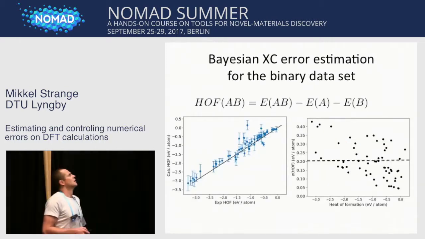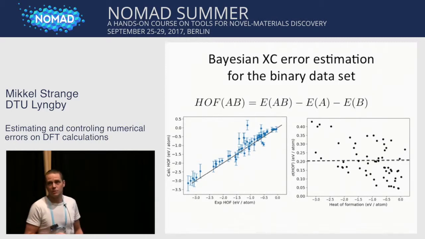Now we try to apply this to the binaries. What you see is the experimental heat of formation versus the calculated heat of formation, now with error bars on, and you can see that some of the error bars incorporate the experimental value. Here you just get a feeling for the spread of the error bars. There's an estimated error of about 200 millielectron volts from the DFT functionals.